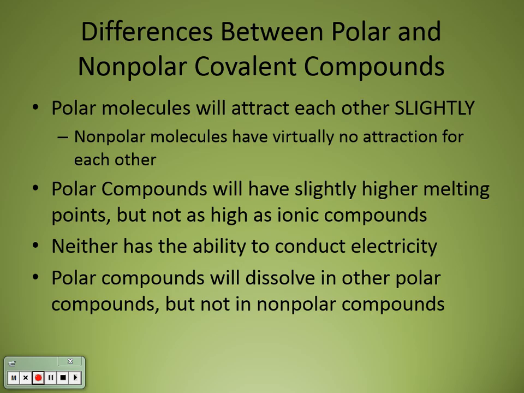Polar compounds have slightly higher melting points, but they are nowhere near as high as ionic compounds. Neither has the ability to conduct electricity, and polar compounds will dissolve other polar compounds, but not non-polar compounds. Okay?